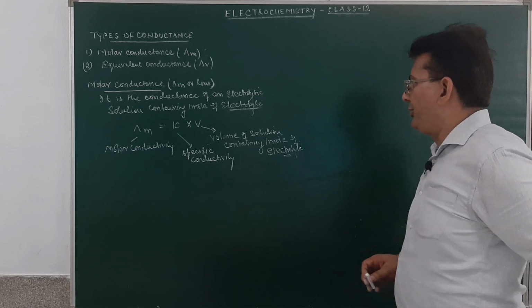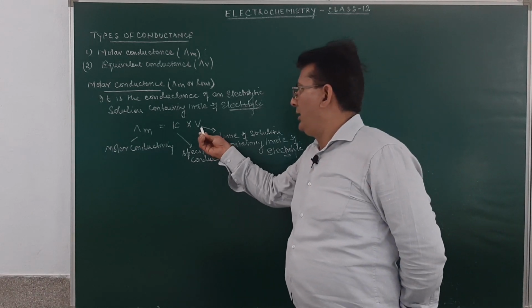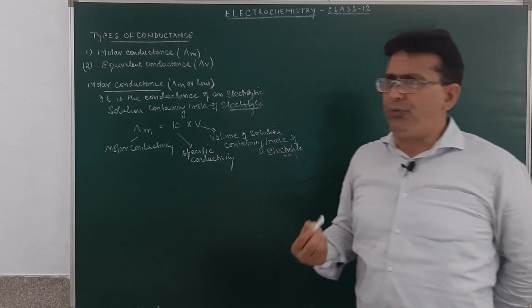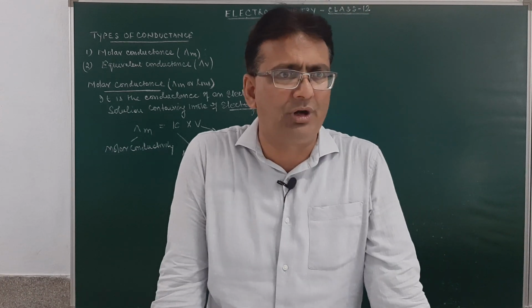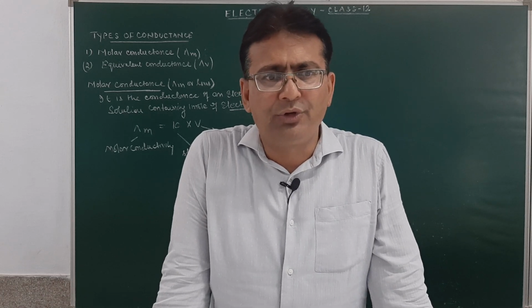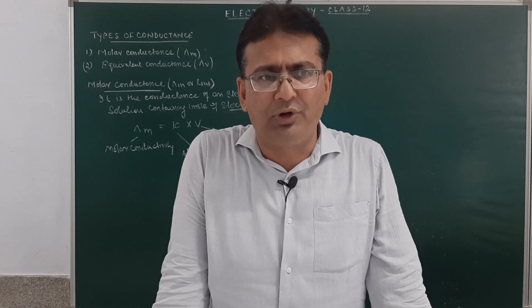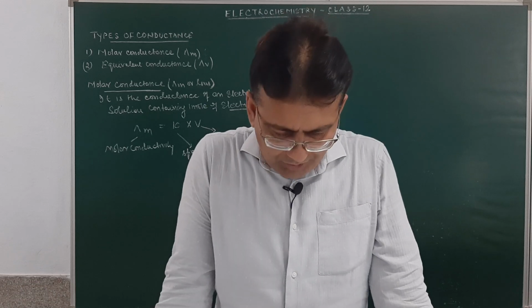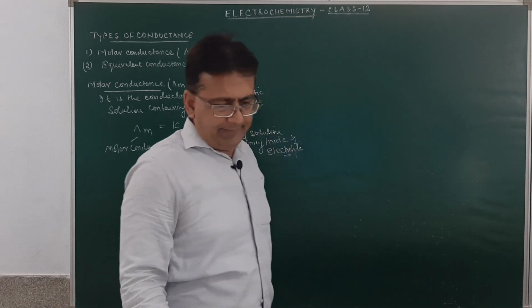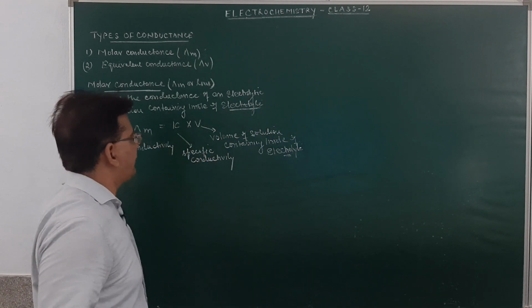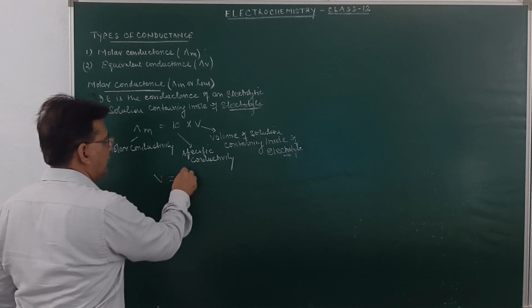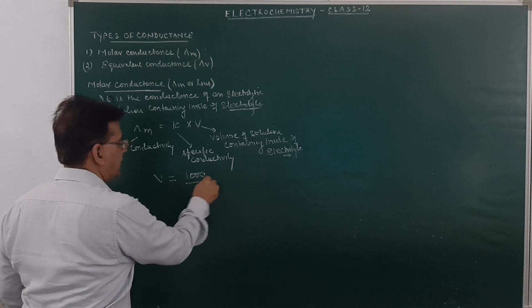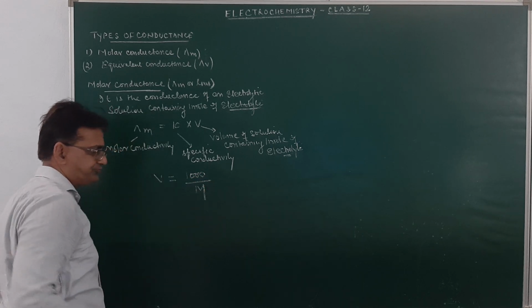Now, suppose I ask you to define molarity of the solution: the number of moles present in a liter of the solution is called the molarity of the solution. Students, this V, which is containing 1 mole of electrolyte, will be equal to 1000 upon molarity.